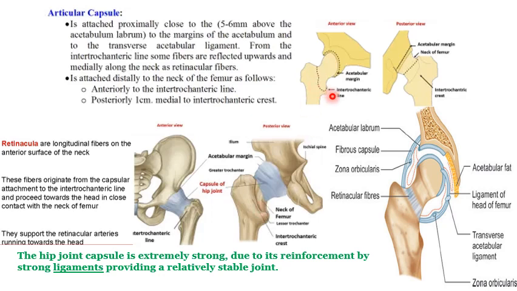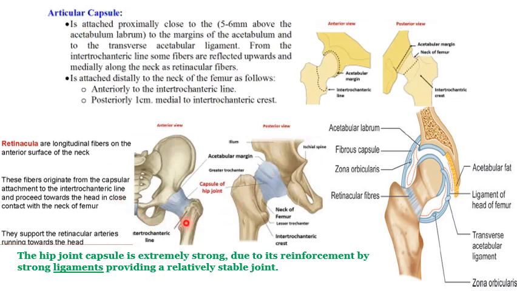So here you can see in the anterior view it is attached to the intertrochanteric line, and here you can see it is attached onto the neck of the femur about 1 centimeter medial to the intertrochanteric crest.